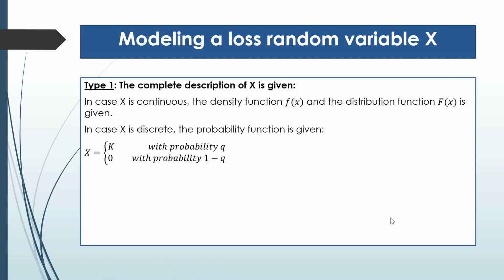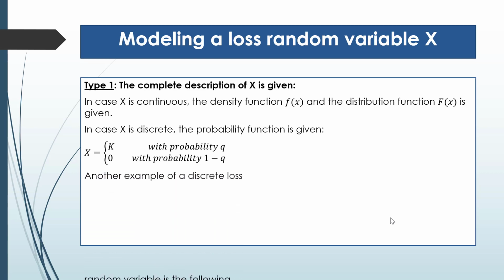For example, X is equal to k with probability q, and X is equal to 0 with probability 1 minus q. This means the loss occurs with probability q and the loss does not occur with probability 1 minus q.